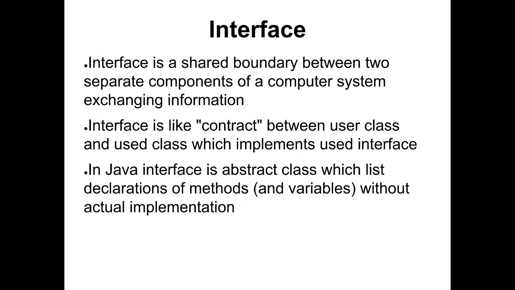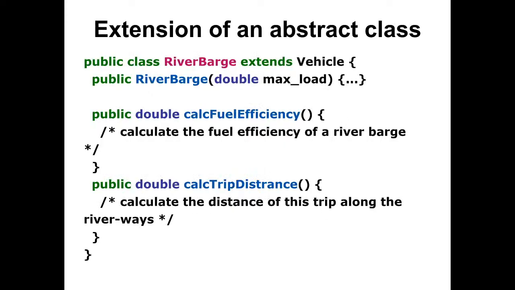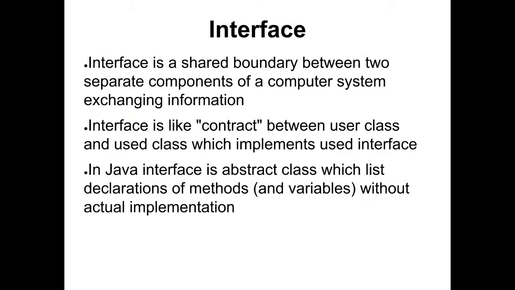As it said, an interface is a shared boundary between two separate components of a computer system exchanging information. It's like a contract between user classes and the used class, which implements the used interface. A Java interface is an abstract class which lists declarations of methods and variables without actual implementation.